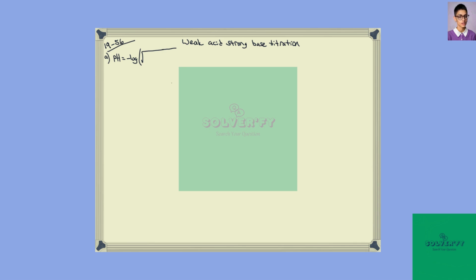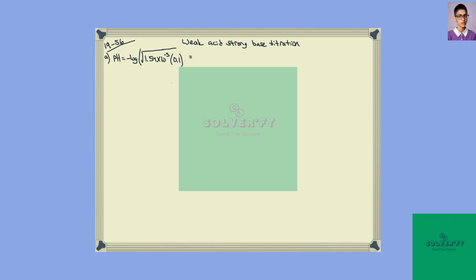And the hydronium concentration is simply equal to the square root of the Ka value, which was given to us at 1.54 times 10 to the negative 5, multiplied by the concentration of the weak acid, which was given to us at 0.1 molar.